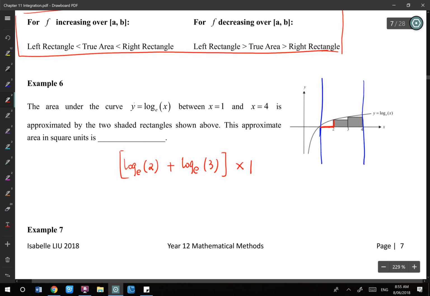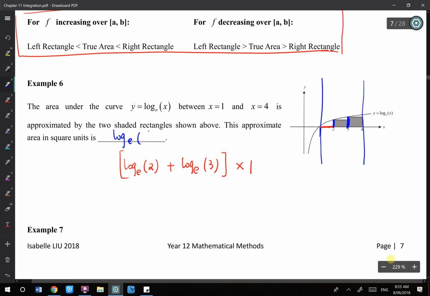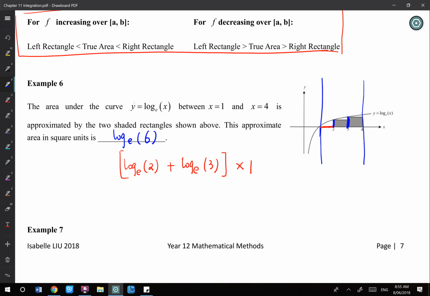This height is log e 2. This height is log e 3. You sub the x value into the function, you get the y value. So all the y values added together times the width. You have a common width, which is 1, for all the rectangles. So this will give you log e 6.